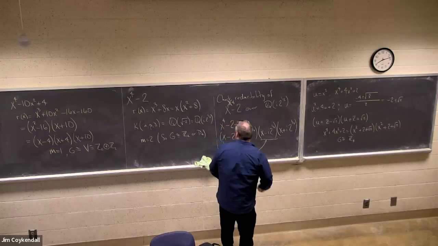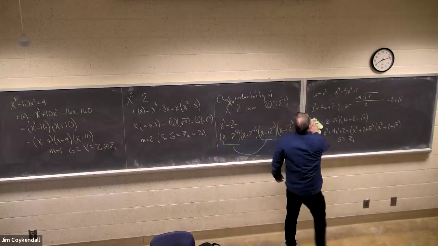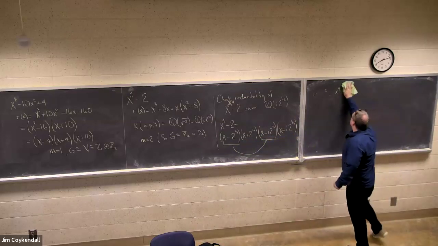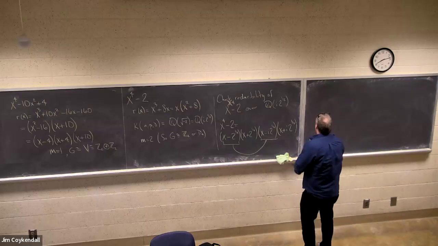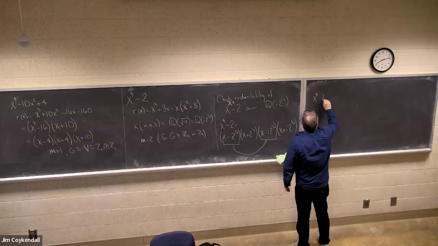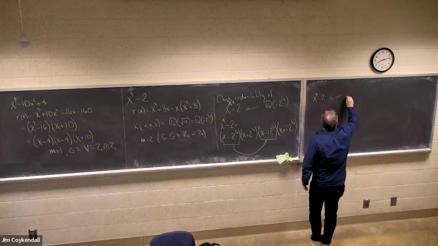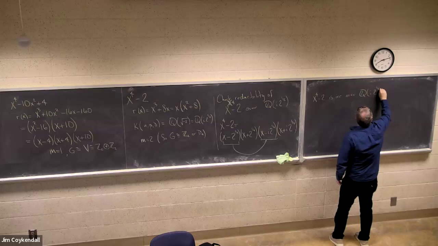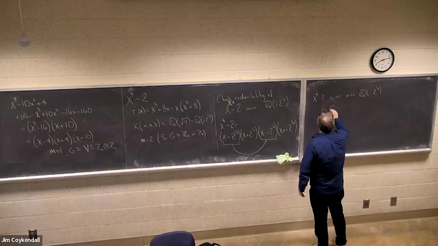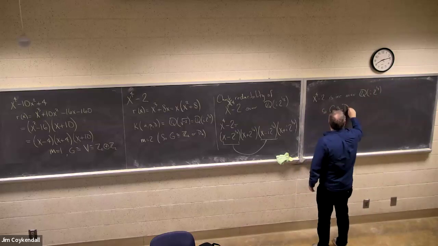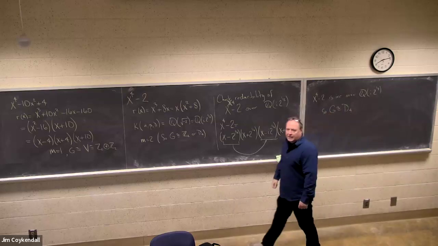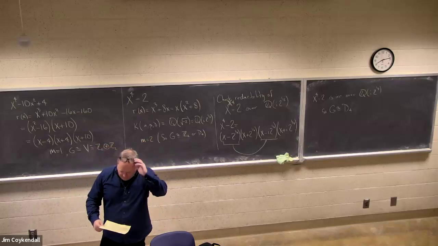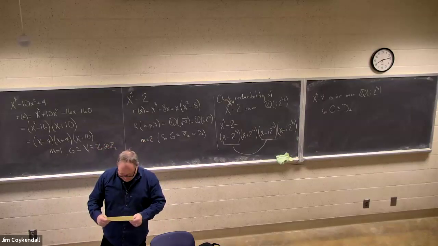So this is in fact irreducible over Q adjoined with i, 2 to the 1/4. So in this case, G is the dihedral group on the square. Okay, any questions on that?